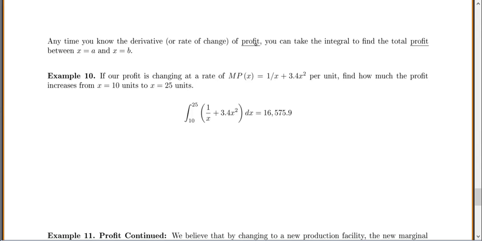If you know the rate of change of anything, then you can take the integral to find the total profit between A and B. So in this case, if our profit is changing at a rate of, notice this MP, that stands for marginal profit, or that's the derivative of profit, of 1 over x plus 3.4x squared per unit, find out how much the profit increases from x equals 10 to x equals 25. Well, if that's our marginal profit and we want to know what the profit is, we integrate it, and we're interested from 10 to 25, so those are my limits of integration.